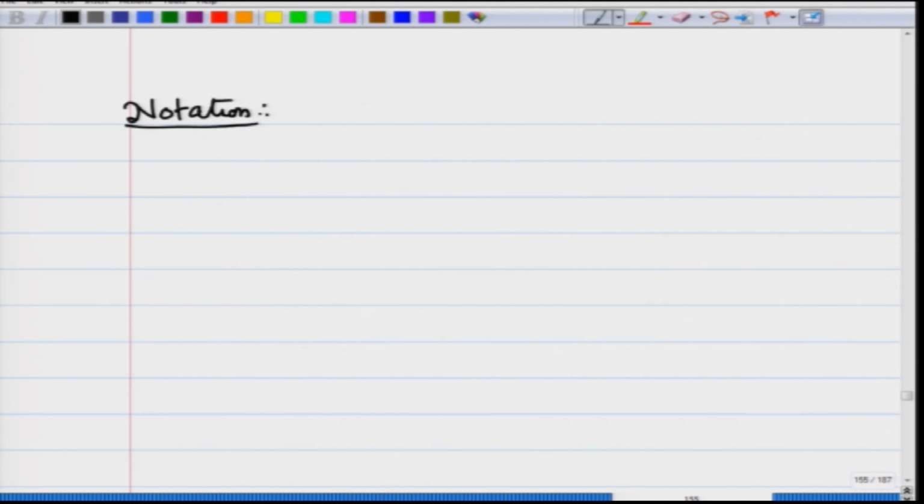Just a bit about notation. I have been a little careless in writing the notation. I have used things like e raised to minus i k prime x, whatever the V is, e raised to i k x.